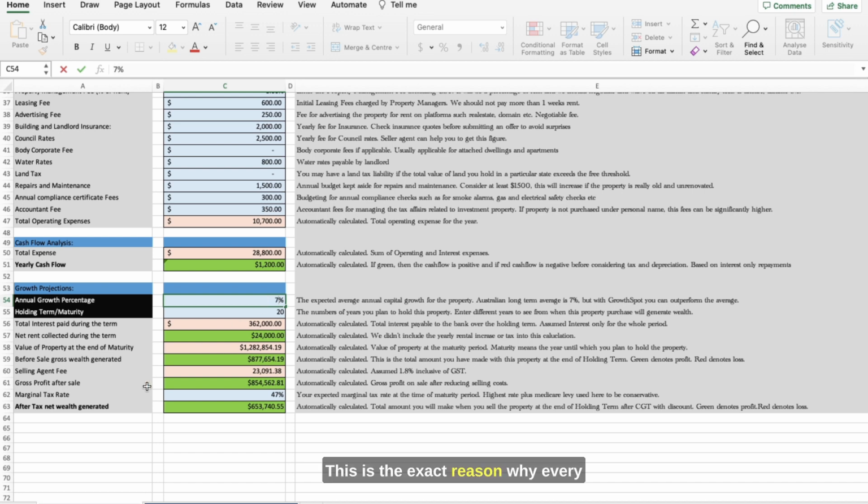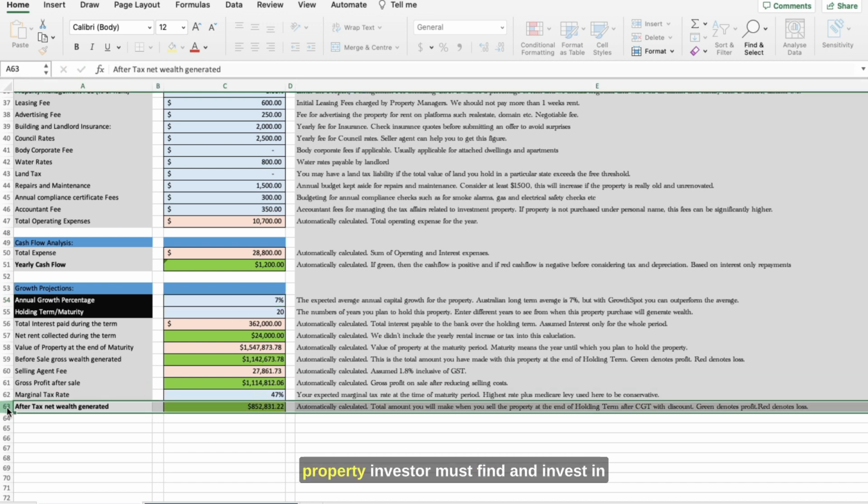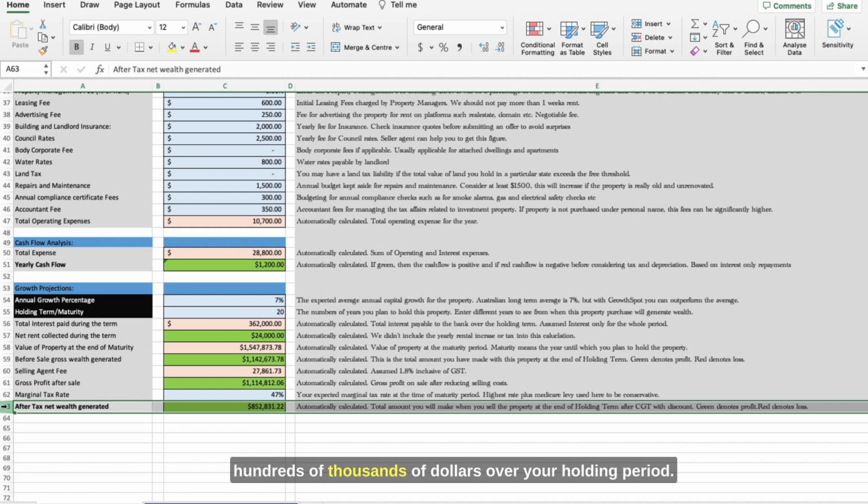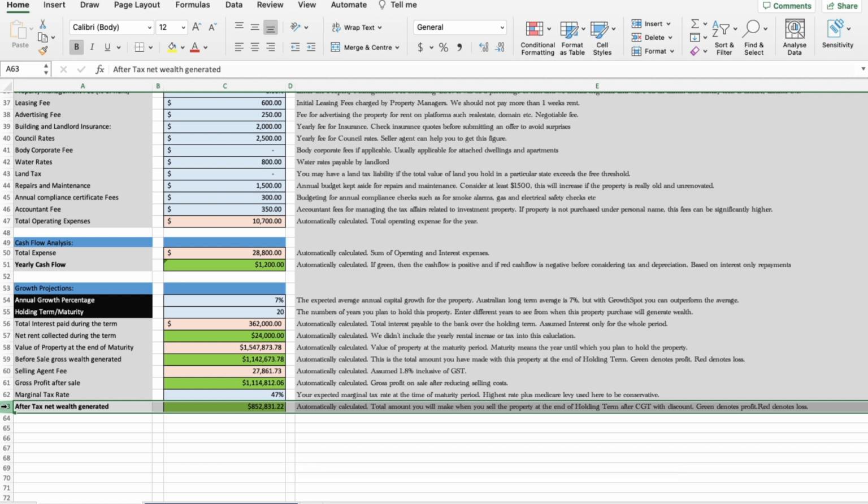This is the exact reason why every property investor must find and invest in locations with maximum growth potential, as even a tiny 1% change to growth equates to hundreds of thousands of dollars over your holding period. Since more than 80% of growth of a property is determined by the suburb itself, it is very critical to get this part right.